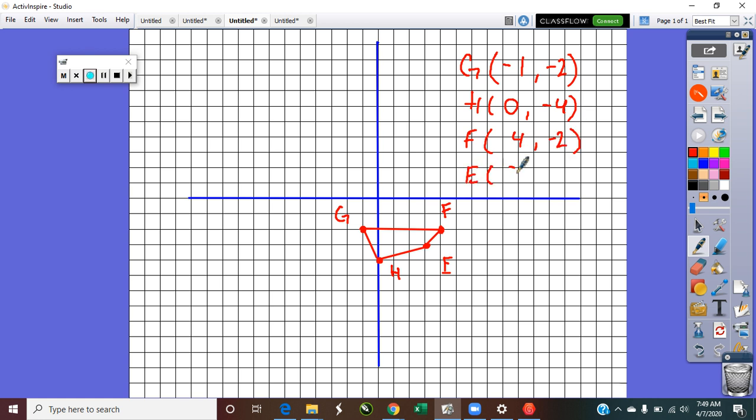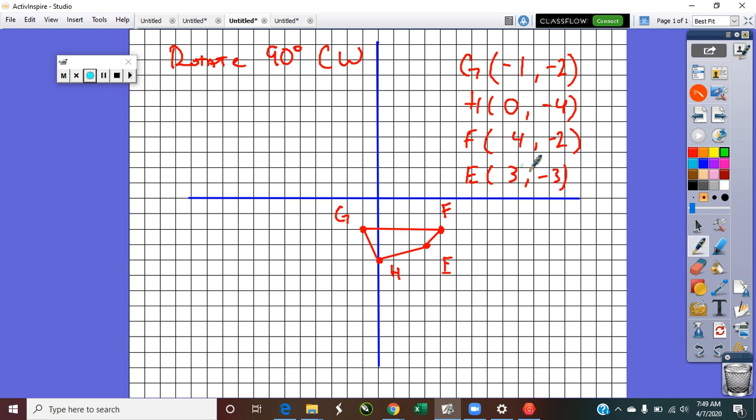And E is 3, -3. So we're going to rotate this 90 degrees clockwise. Basically, it's again kind of like we have that string tied right here, and we're going to rotate it this way because we're going clockwise. So let's take a look at what that's going to look like.